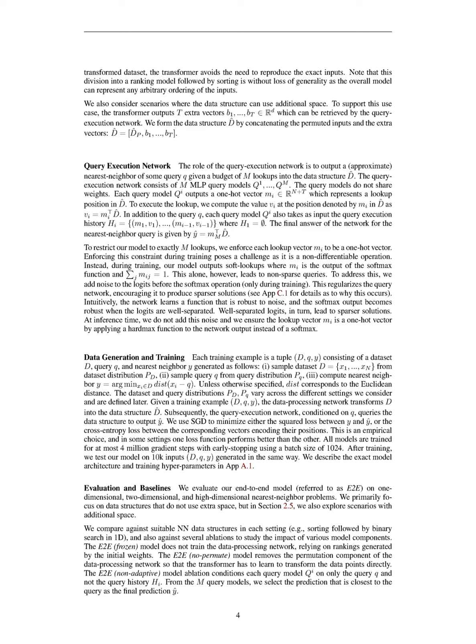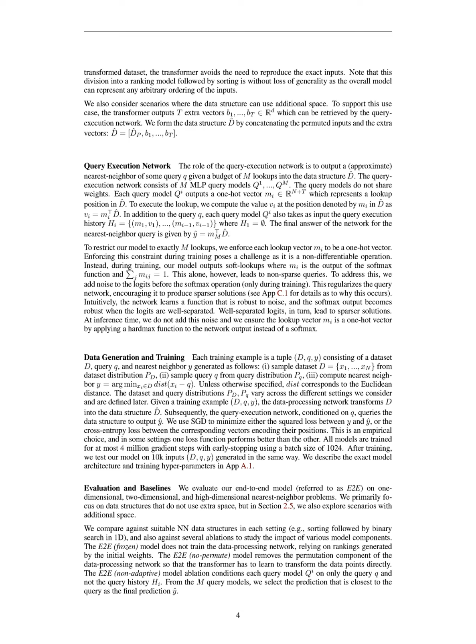The query execution network, on the other hand, is responsible for retrieving an approximate nearest neighbor from HAT-D, given a query, Q, and a budget of M lookups. It consists of M individual query models, Q_1 through Q_M, each producing a one-hot vector, M_i, that indicates the lookup position in HAT-D.